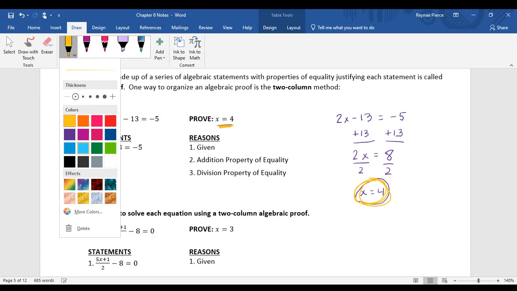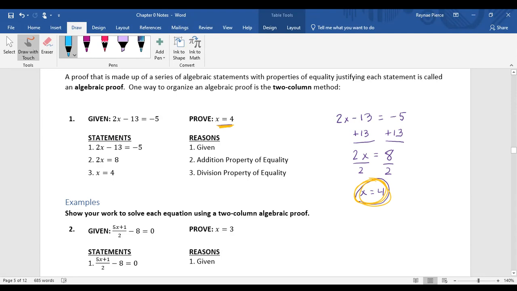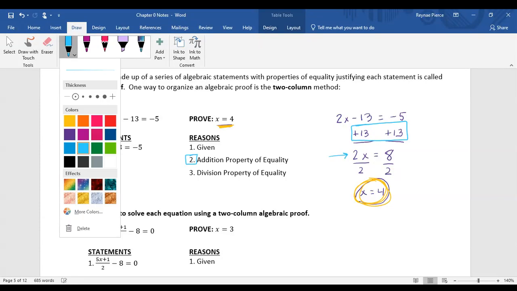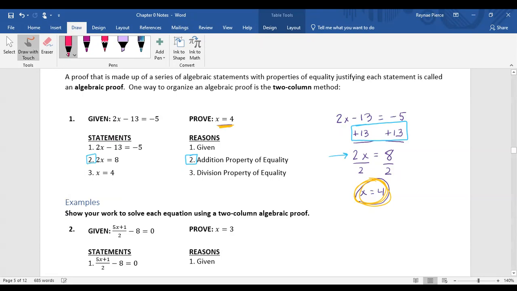Also notice here, we added 13 to both sides of an equation. That's this addition property of equality. That's how we got from our given information to this second step here. Also notice we divided both sides by 2.